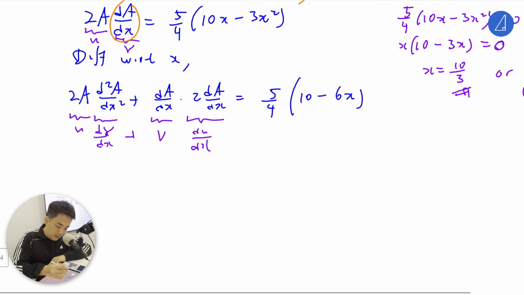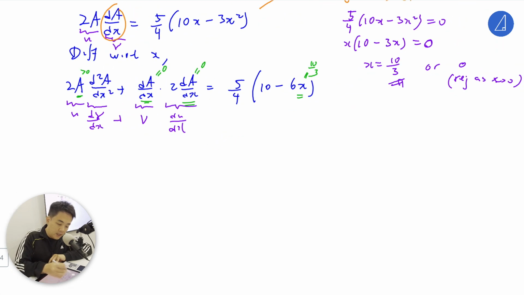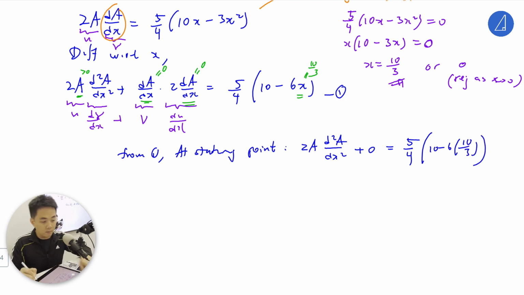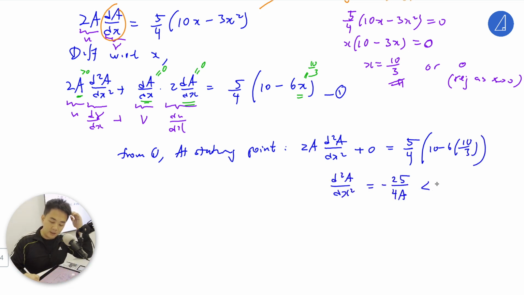So this guy will be 0 as stationary value. You already found x as 10 over 3. Area is always positive, confirm. So at the stationary point, 2A d squared A/dx squared is less than 0 since A is positive.